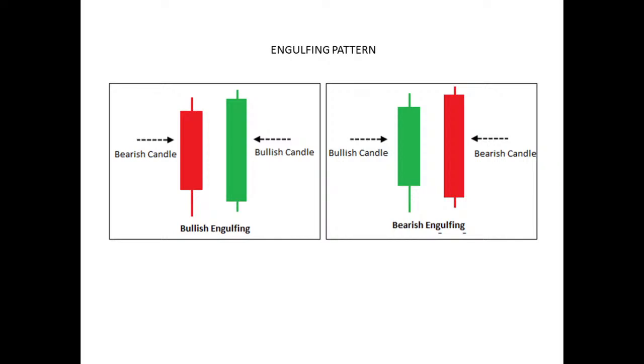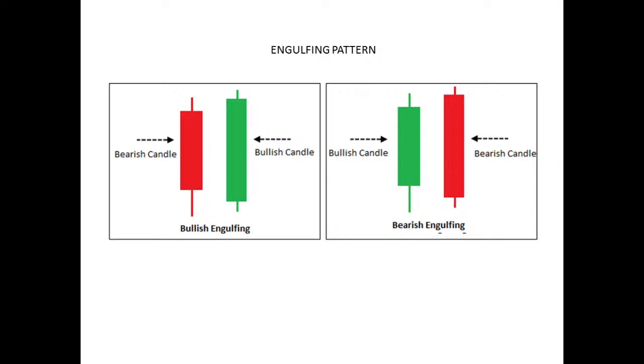Engulfing pattern. What do we mean by engulfing or engulfment? I will explain this in a simple way. There's no need to use big grammar for it. What we're after in forex is understanding and catching the entry point and exit point. Engulfing can be explained as when you have two things and one of them has totally overshadowed the other.